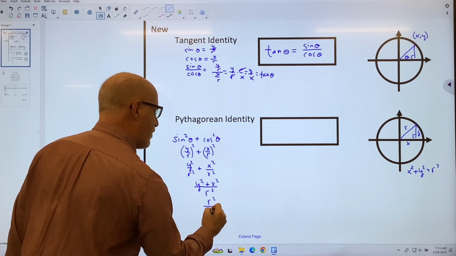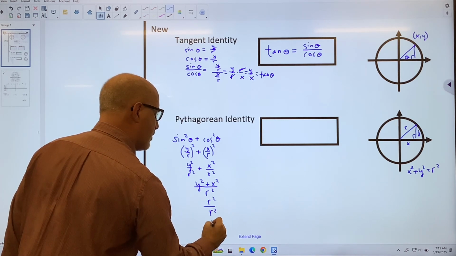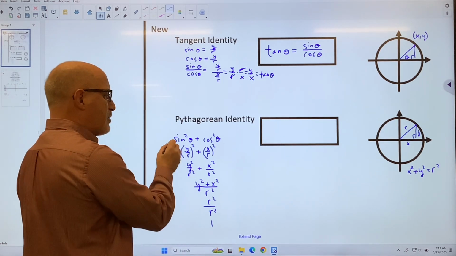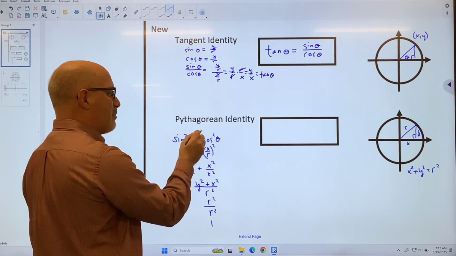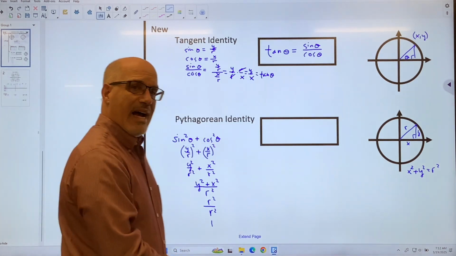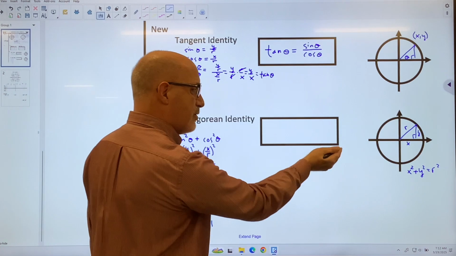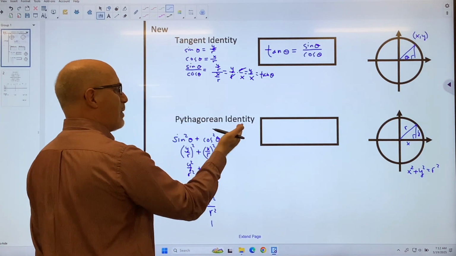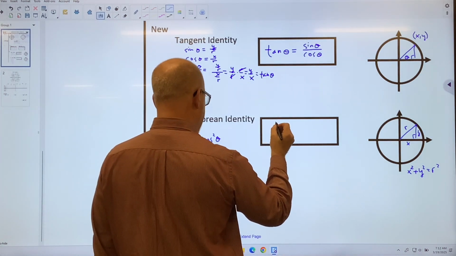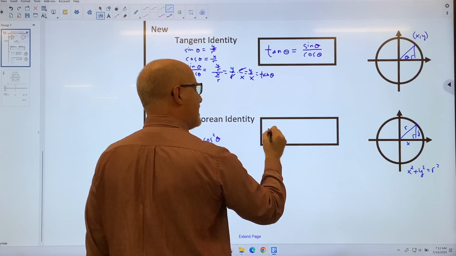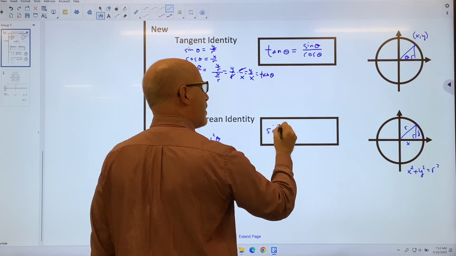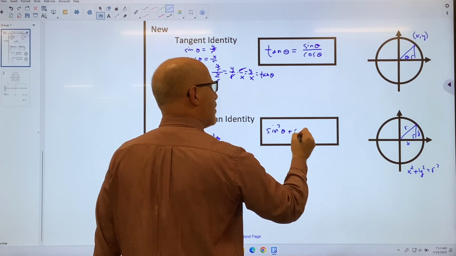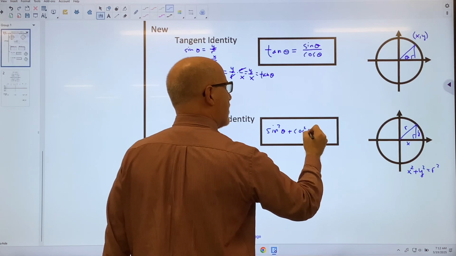R squared over r squared is equal to 1. So when I did sine squared theta plus cosine squared theta, I ended up with 1 because of using the Pythagorean theorem. That's why this is called the Pythagorean identity. So an identity is if you have sine squared of any angle plus cosine squared of any angle, that's going to equal 1.